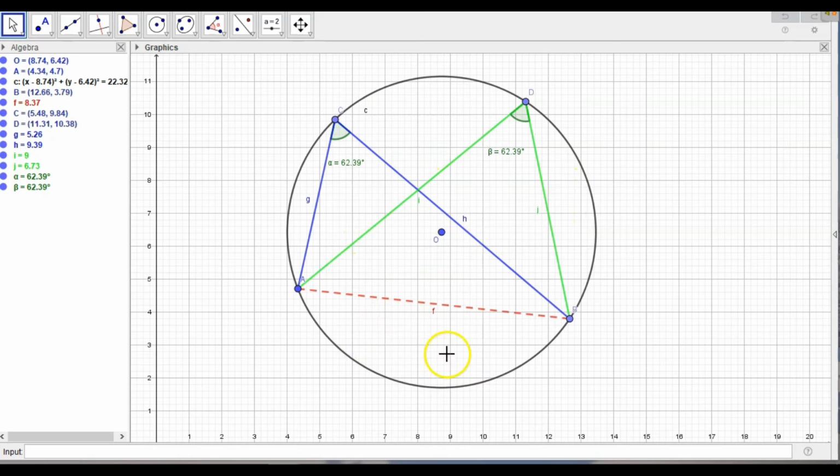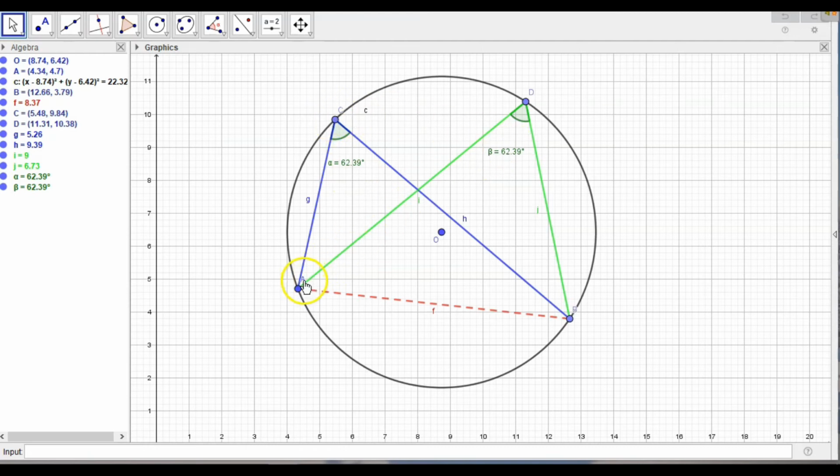The minor segment doesn't have any angle there. We'll be drawing it, and then we'll take the measurement, and then we'll conclude on that. So considering angle ACB, which is found within the blue lines, we have it labeled alpha. So alpha is giving us an angle of 62.39 degrees.